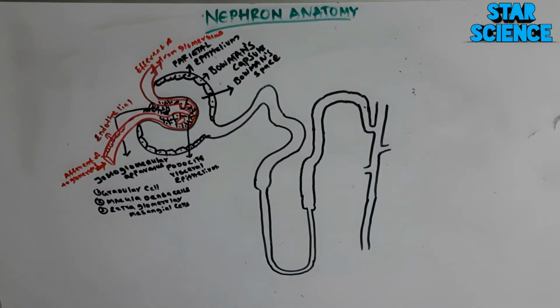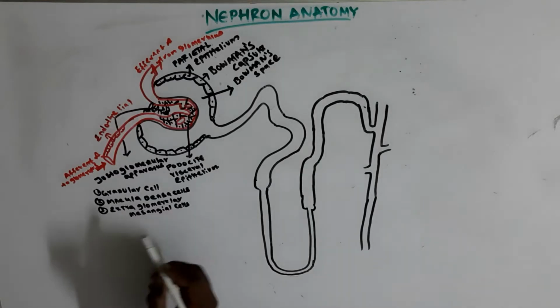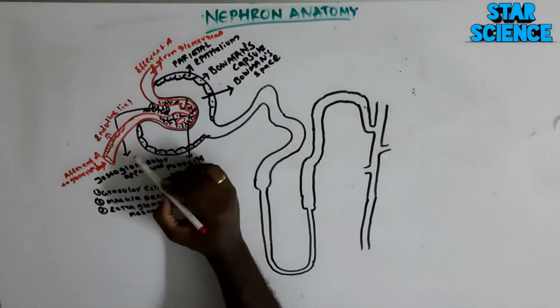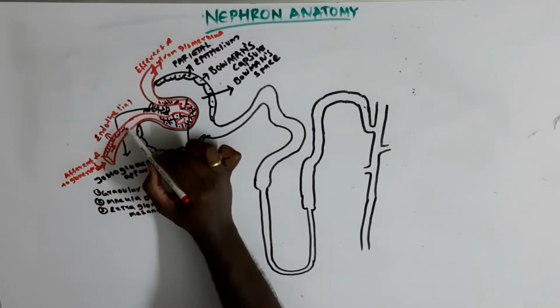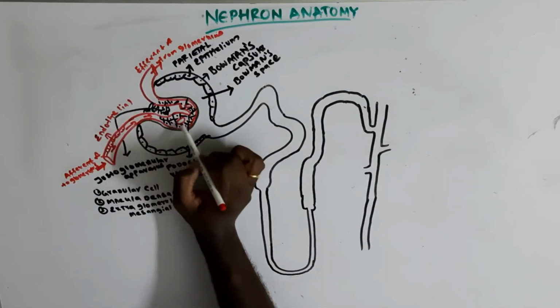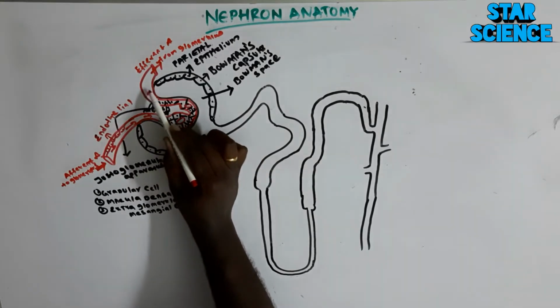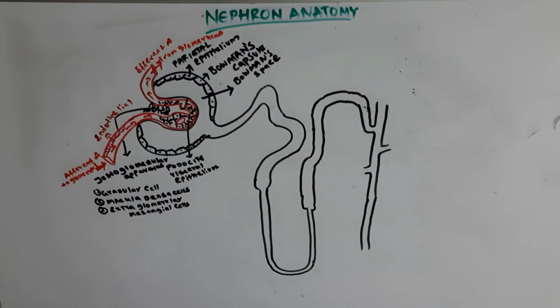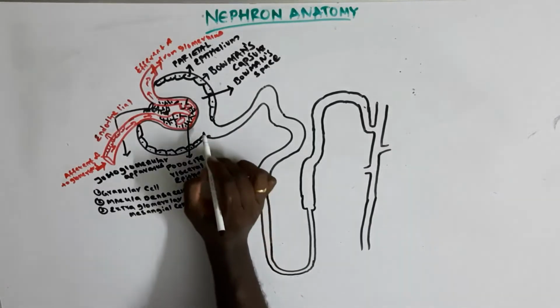And after the Bowman's capsule and glomerular filtration, it's very important to remember about the PCT, the proximal convoluted tubules, from the part where I'm showing right now.